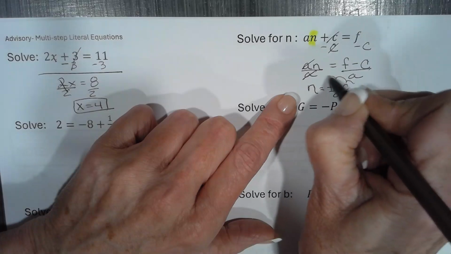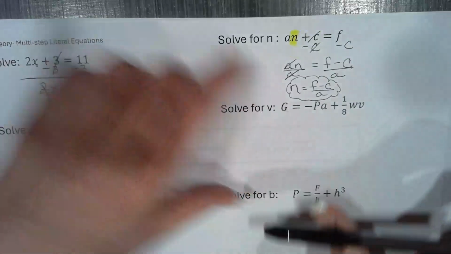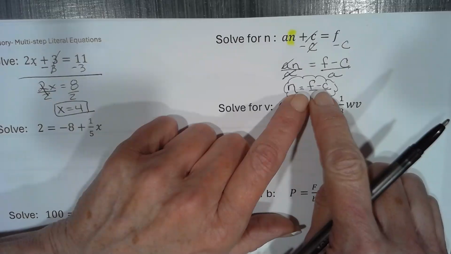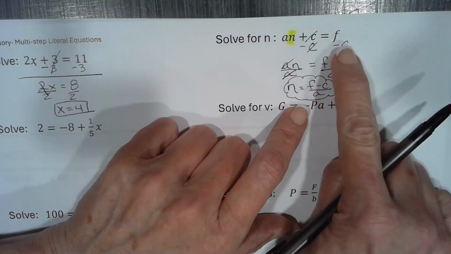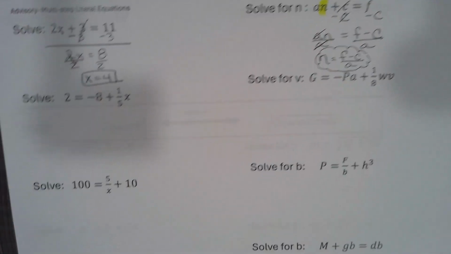And you have to know what you're doing here, because these are multiple choice tests, and they'll have these in reverse. They'll have c minus f. They'll have all these letters in different positions, so you really got to know your operations here. Okay, let's do another one.